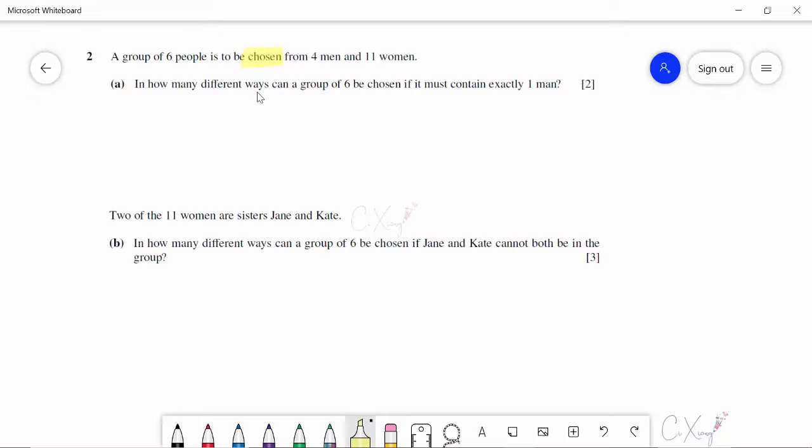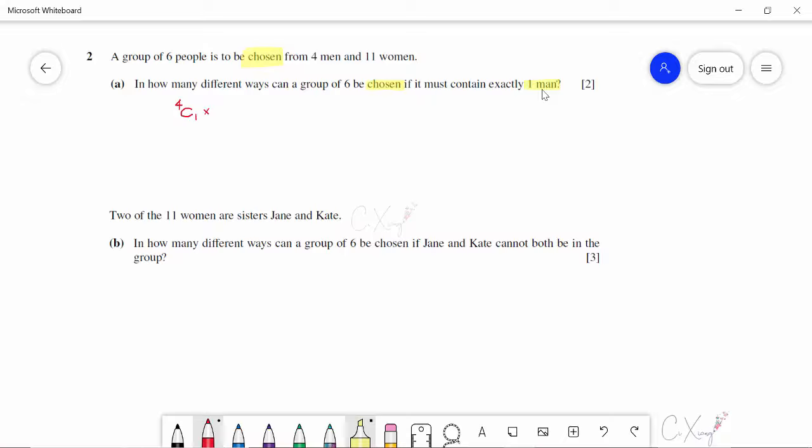Okay, so in how many different ways can a group of 6 be chosen if it must contain exactly 1 man? So the 1 man here is actually the restriction. Okay, so if let's say you only have 1 man in the group, which means you have to choose 1 man out of the 4. So you have 4C1.